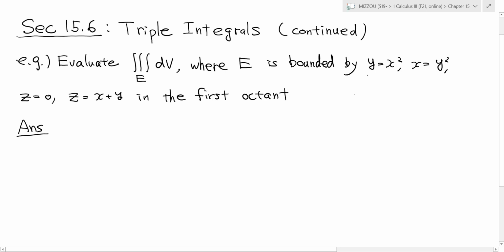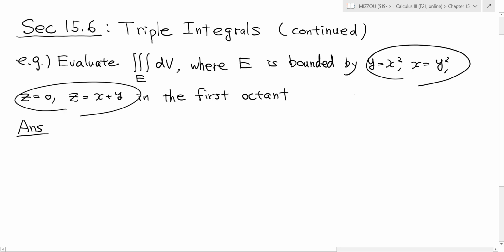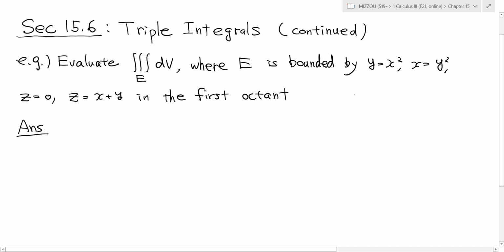Now, for this problem, the region E, the solid E, is not given by set notation. It's not given by a picture either. So you have to find it out, but it doesn't seem to be so easy to actually visualize what this E is. Yet the point is that you could actually do this problem without even visualizing what E is.